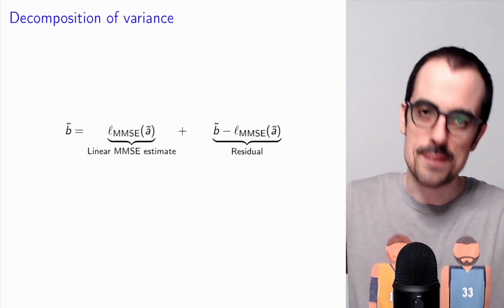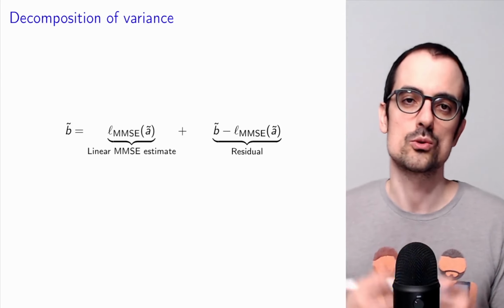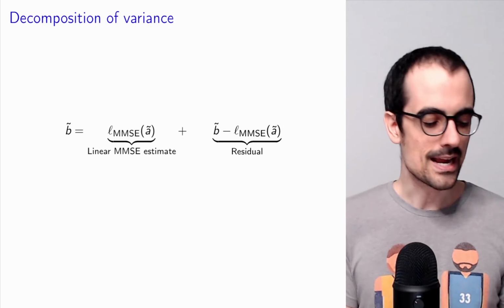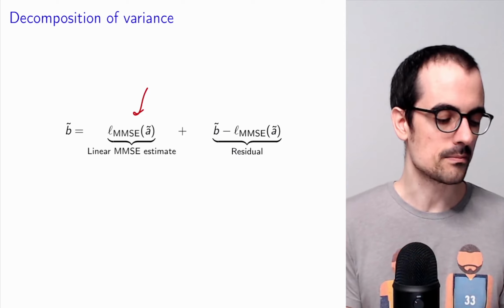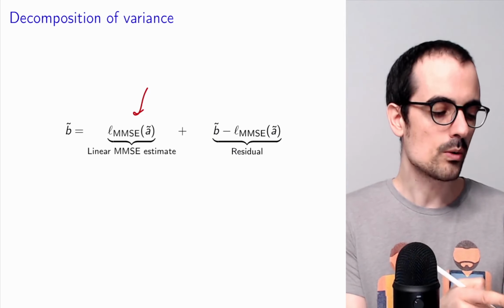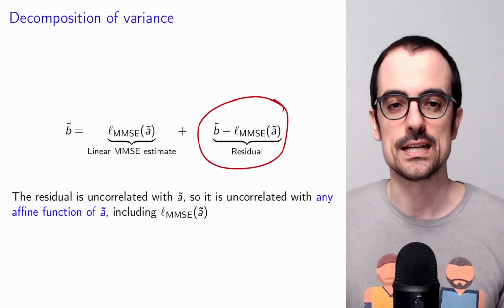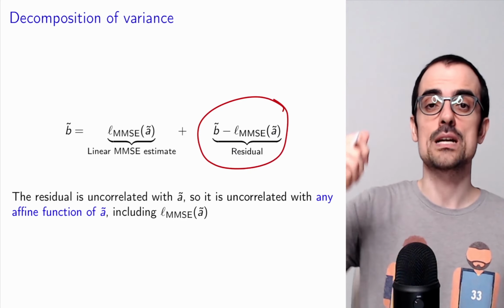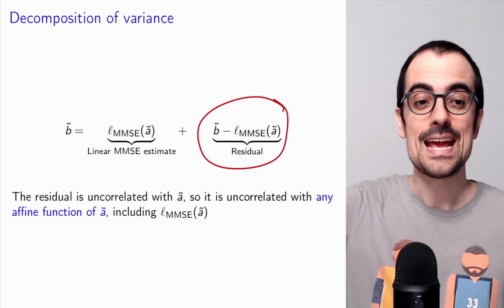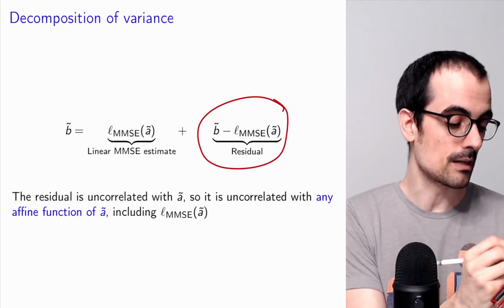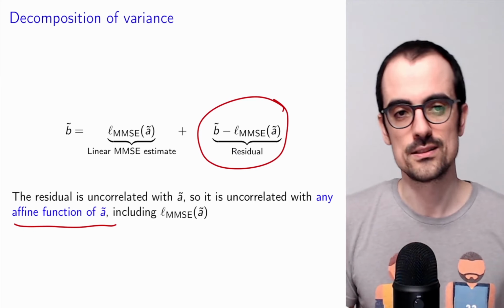Okay, so now let's go back to this story where we want to show how much variance is explained by the linear estimate. Now we have shown that A and the residual are uncorrelated. But it turns out that when a random variable is uncorrelated with another random variable, any affine function of that random variable is also uncorrelated with the random variable.